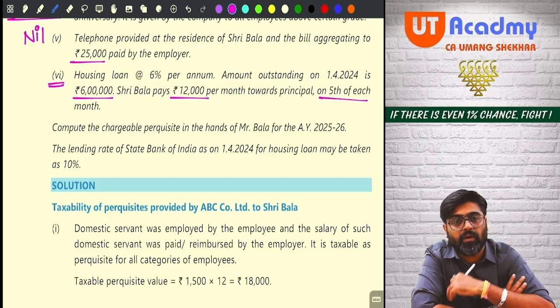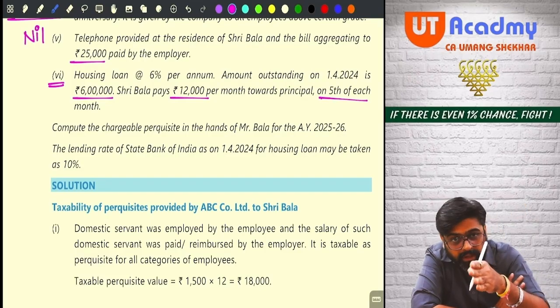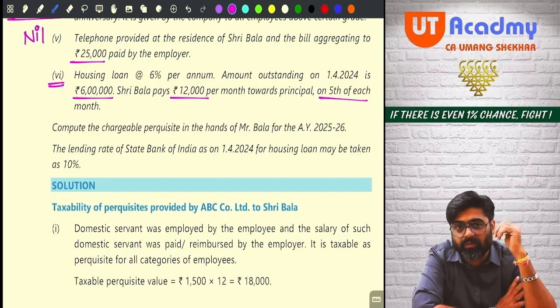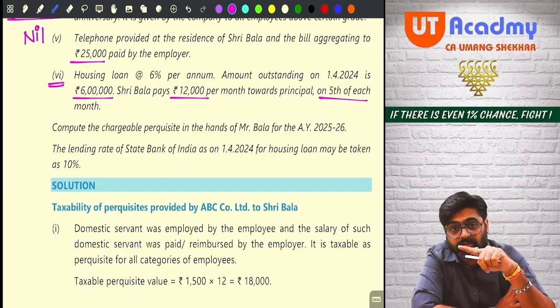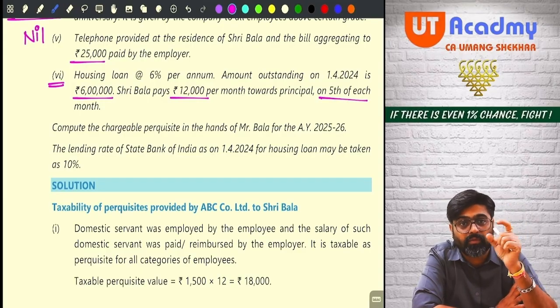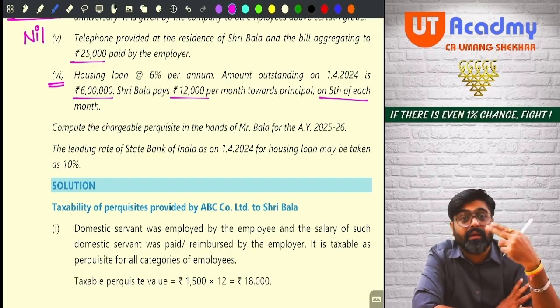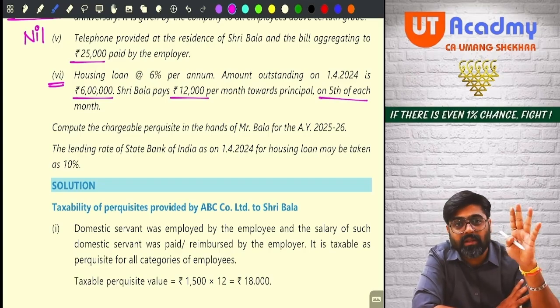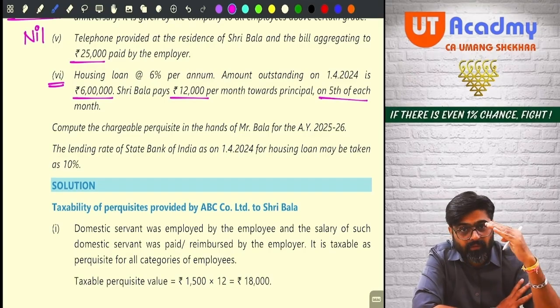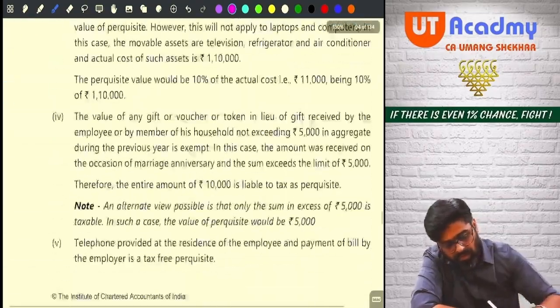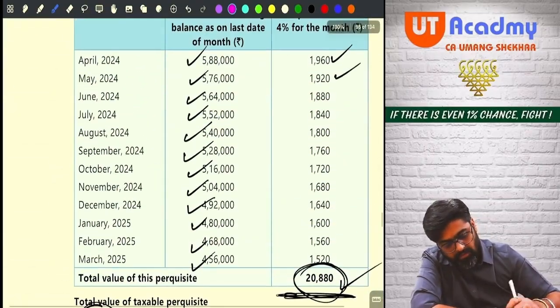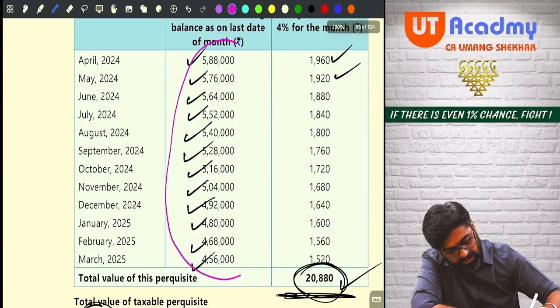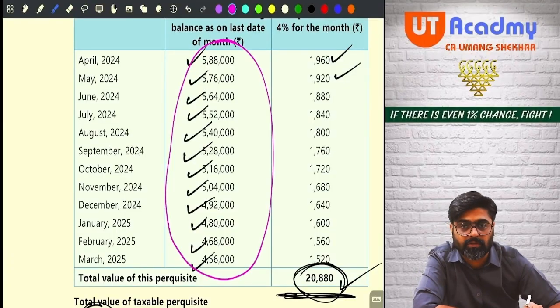So can I say on 30th April 6 lakh will not be outstanding. 6 lakh minus 12,000, 5 lakh 88,000 will be outstanding. Yes or no? Then next month again 12,000 will be repaid. So every month the loan amount will keep on changing. So every month, the last day the loan amount outstanding will be this much.